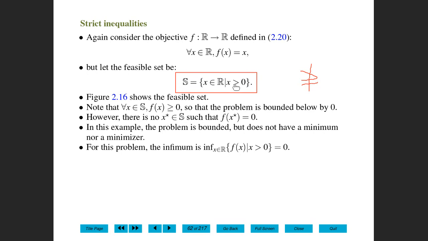This is not greater than or equal to 0. So in this case, we can say the problem is bounded. Yes, we know the lower bound, it is 0, but there is no minimum. If there is no minimum, there is no minimizer. So the infimum will be 0, right? The infimum will be 0. But if you ask me what is the minimum, it's not possible.